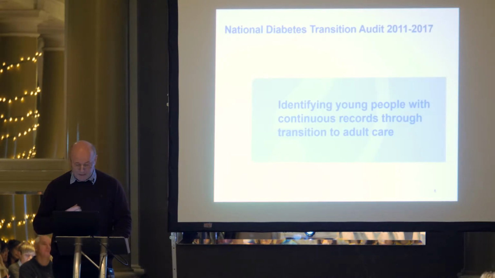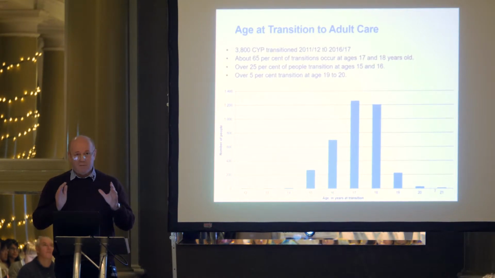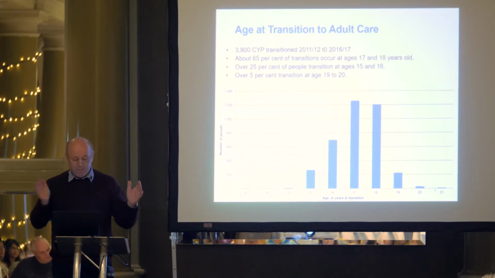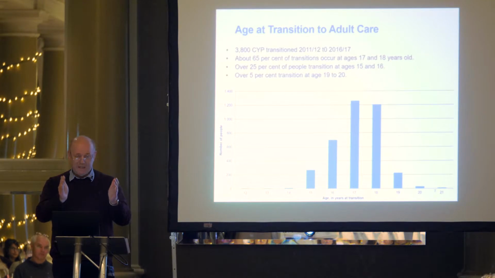So the first bit is about how we identified those patients and what the ages were. There were 3,800 patients that we were able to link across the two audits that had been in paediatric care, had a transition date, and had done at least a year post-transition.